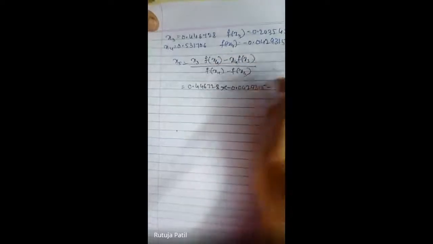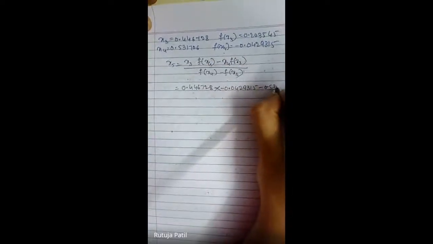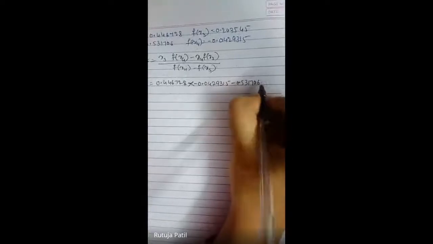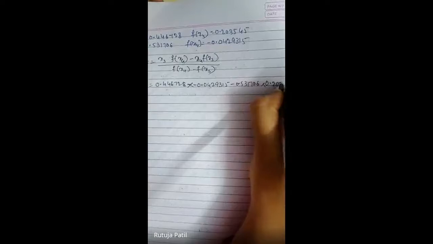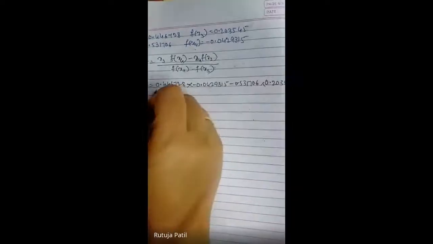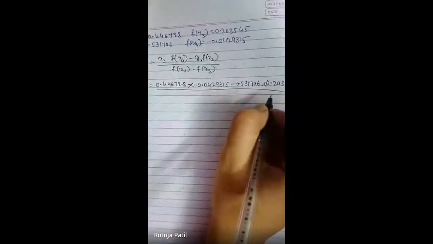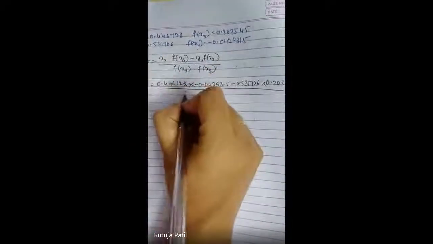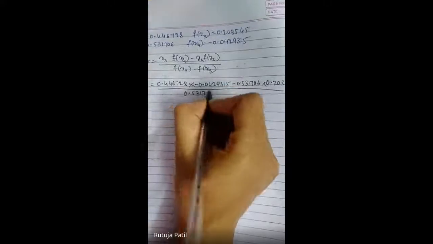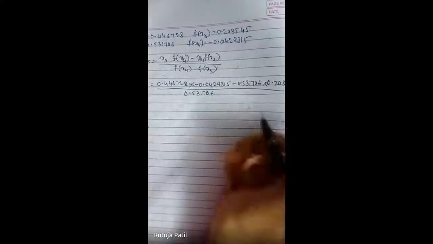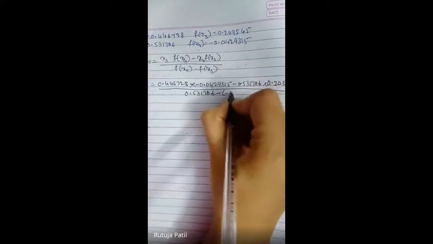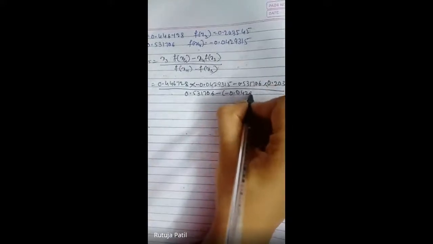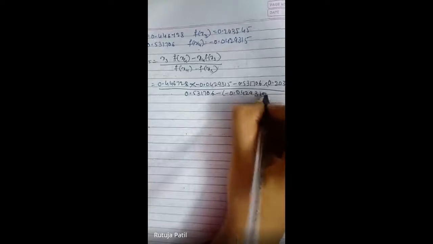Okay, then minus x4, which is 0.531706, into f(x3), 0.020345, divided by f(x4), this one, that is 0.531706 minus of minus 0.042931.